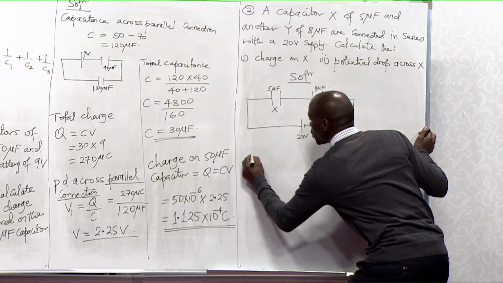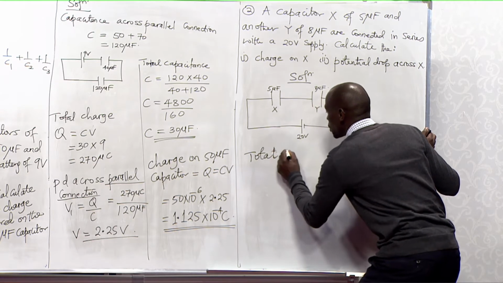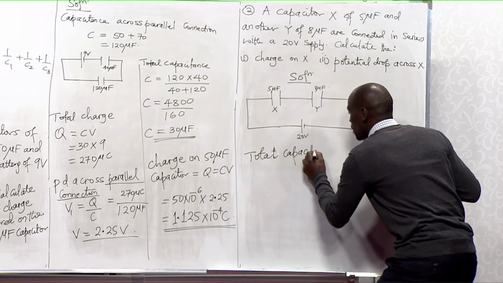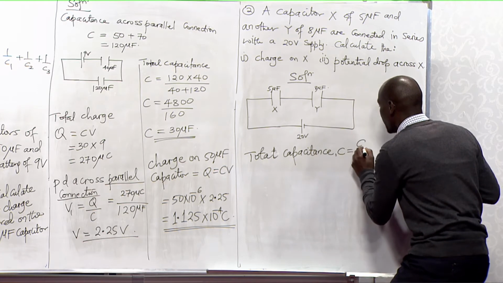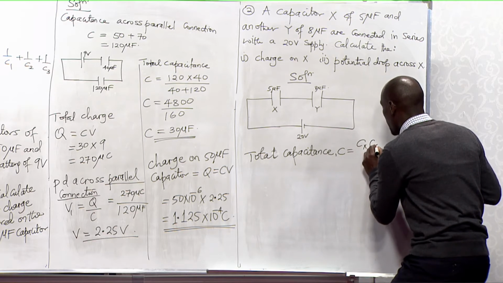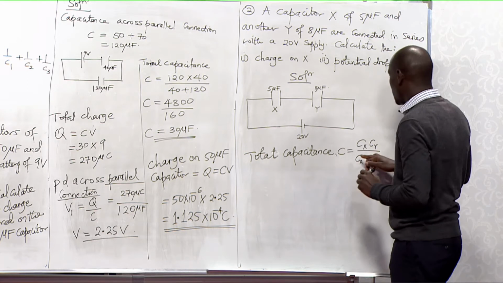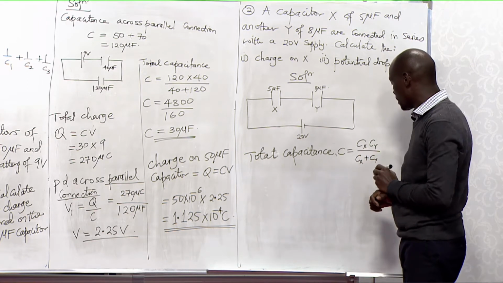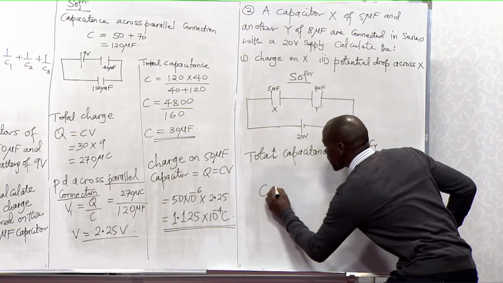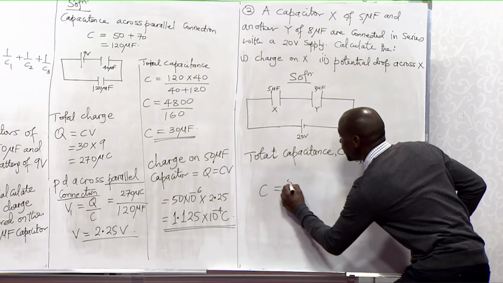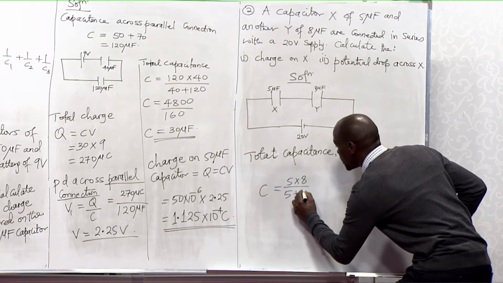So we can say total capacitance C would be equal to Cx times Cy over Cx plus Cy, where the subscripts represent the respective capacitances. So we can now substitute, and the effective capacitance would be 5 times 8 divided by 5 plus 8.